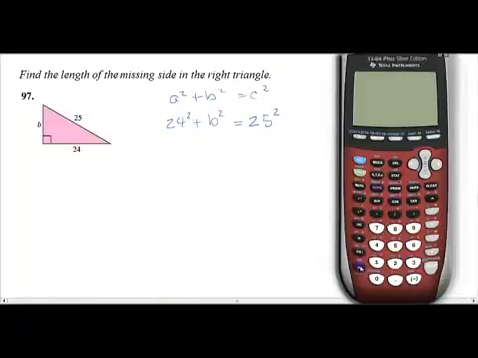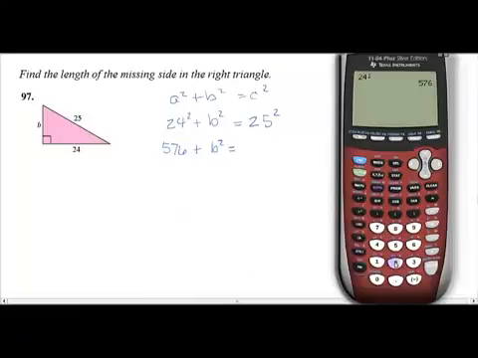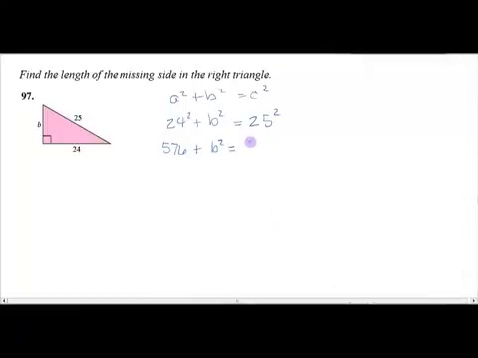If you'd like, we can put this in the calculator. Let's go back to the home screen. 24 squared equals 576 plus b squared equals 25 squared, which is 625.